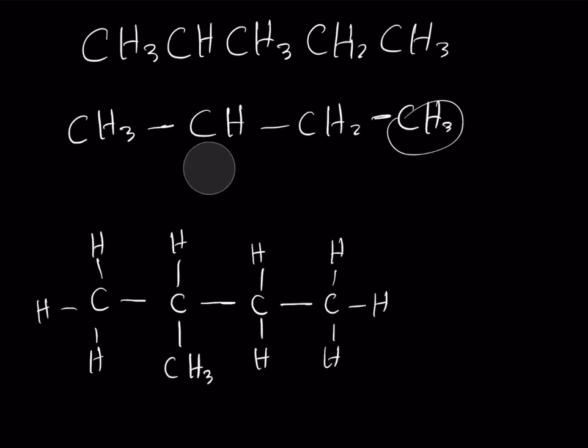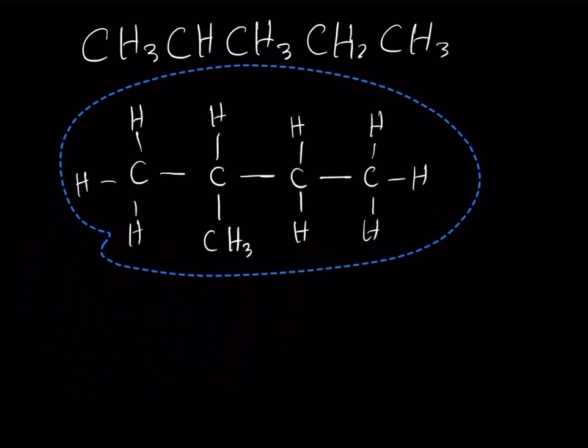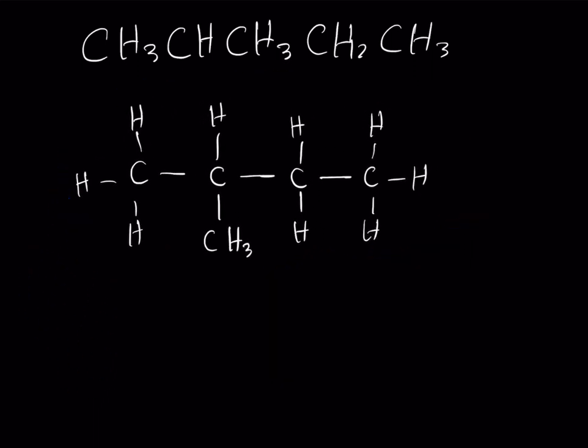Now I'm going to draw the bond line structure of this as well. So in our main chain, which is the chain of carbons that doesn't include the substituents, we have 4 carbons, so 1, 2, 3, 4. And then on the second carbon from the left, so this carbon, we have a methyl group.